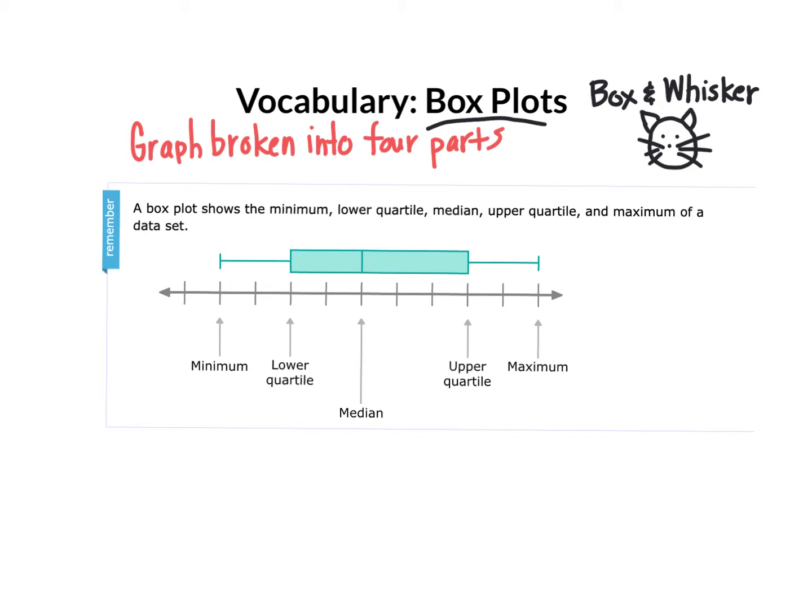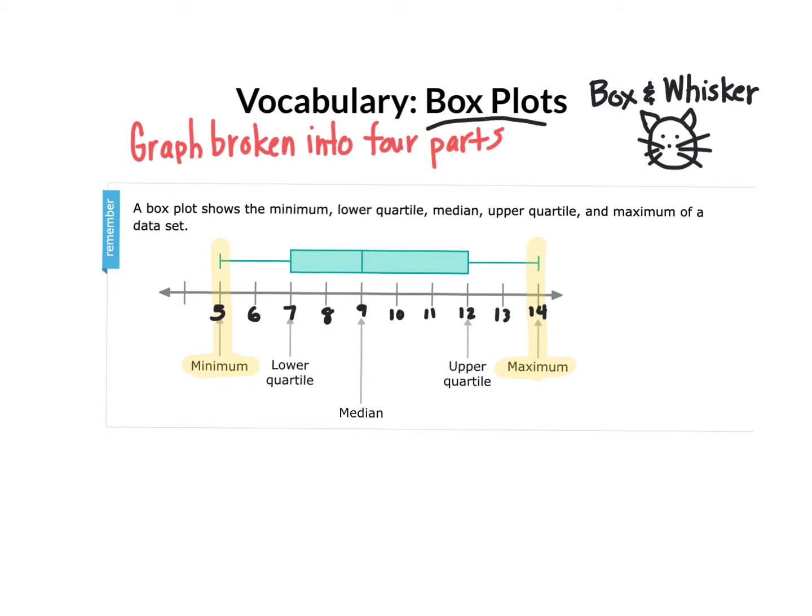Okay, so there's a couple of words that I want you to highlight. The first word is minimum. Okay, so highlight that. And then the second word is maximum. And let's go ahead and put some numbers to this graph. So let's make this a 5, 6, 7, 8, 9, 10, 11, 12, 13, and 14. Okay?